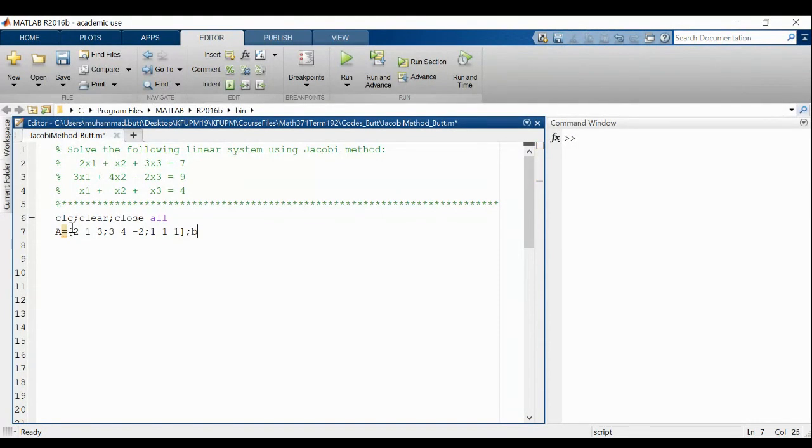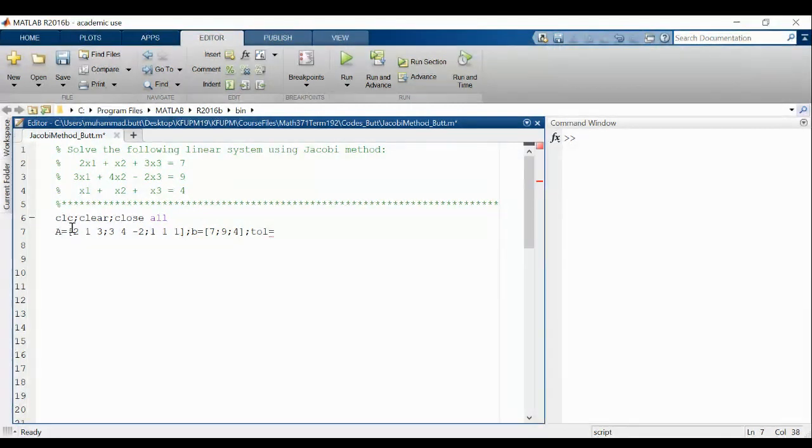And then you give the right hand side: 7, 9, and 4. If I put semicolons, it will be a column vector. Or you can write 7, 9, 4 and then the inverted comma to make it a column. And now you can also give the tolerance.